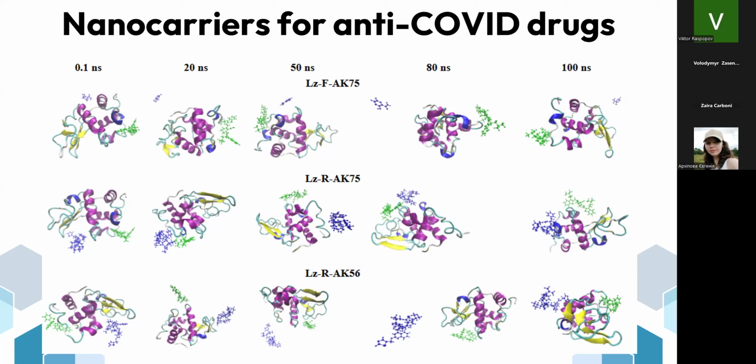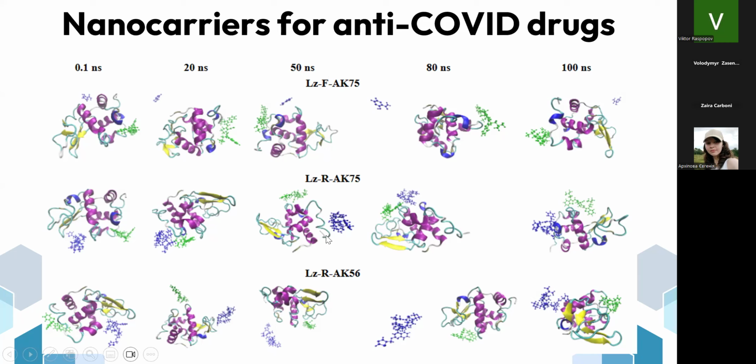Among all combinations studied, the most promising was the combination of a drug called ritonavir, designated here as letter R and highlighted in blue, and a cyanine dye called AK75, shown here in green.